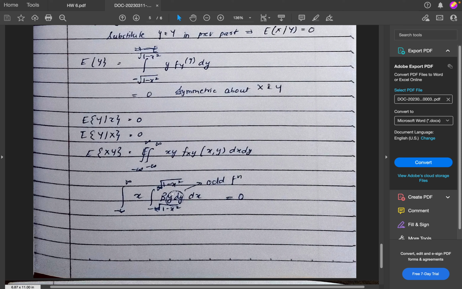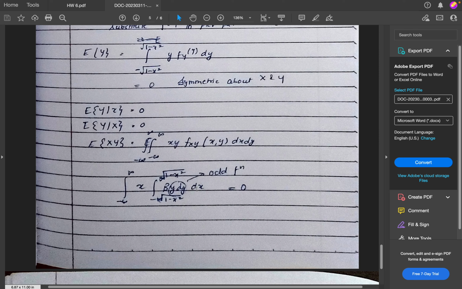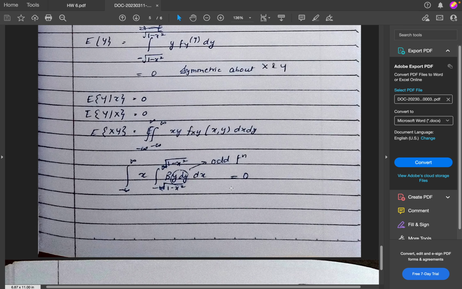So first let's integrate over y, so b x y dy, where y ranges from minus under root of 1 minus x square to under root of 1 minus x square, and we can clearly see that this is an odd function, so the integral will be equal to 0.